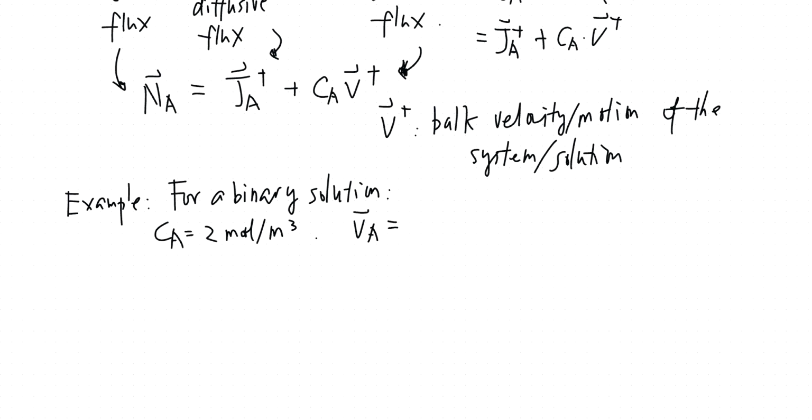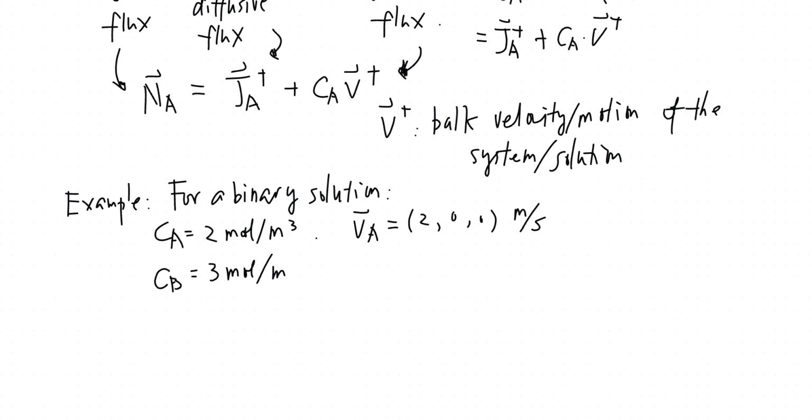It's (2, 0, 0) meters per second. It means 2 meters per second along the x direction and 0 in the y and z directions. We have the concentration of water B, which is 3 mole per meter cube.